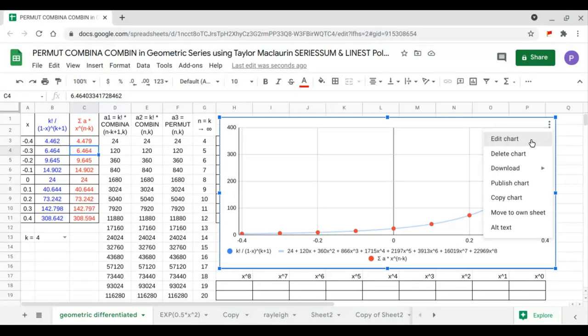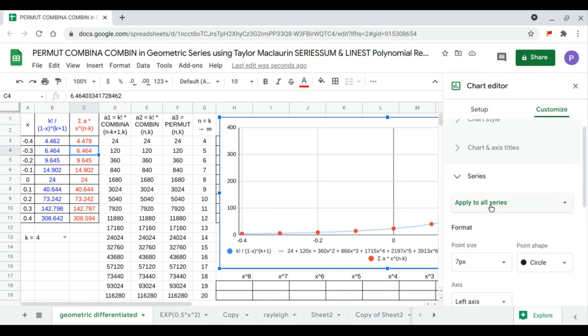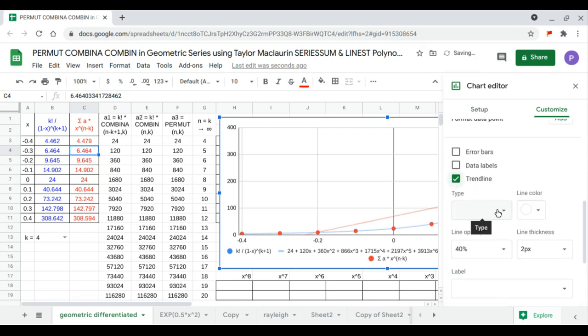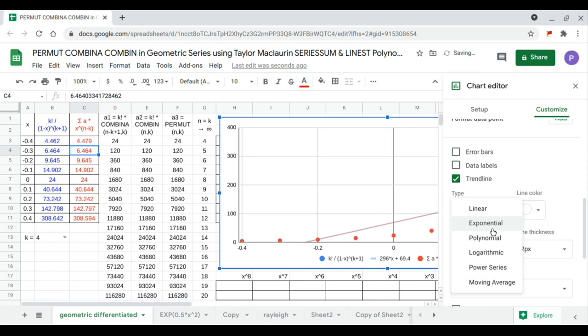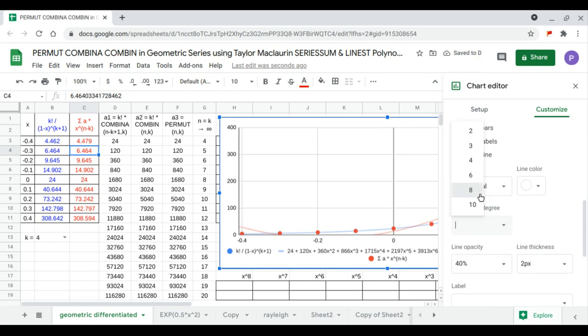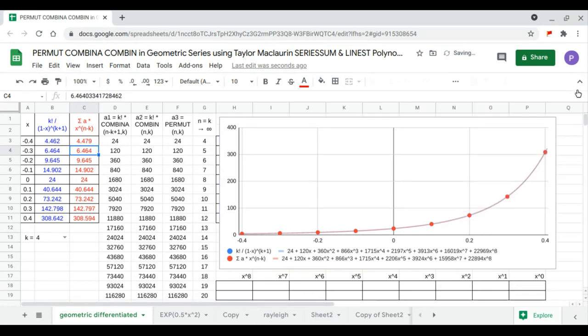There's no polynomial. So edit the chart, customize, trendline, polynomial, not linear, but polynomial, to the 8th degree. The label, use the equation. Their polynomials are also the same.